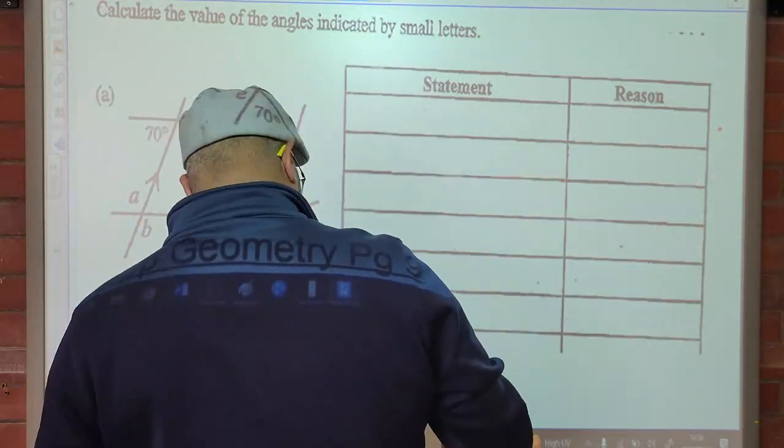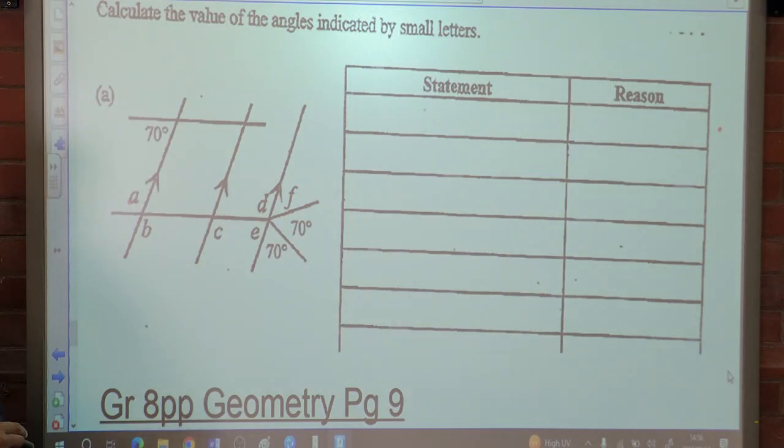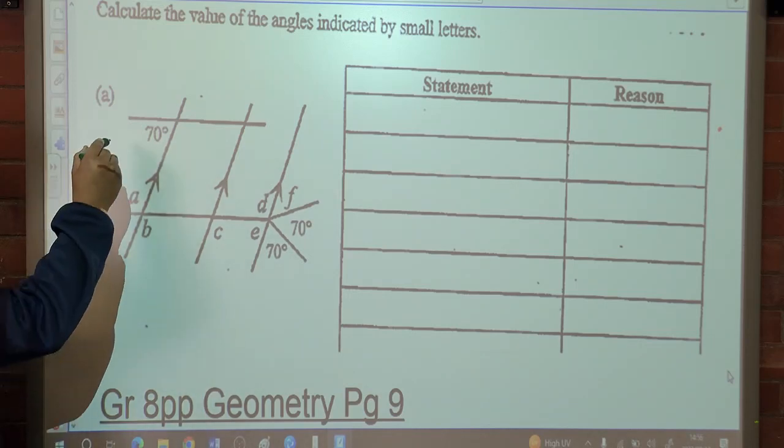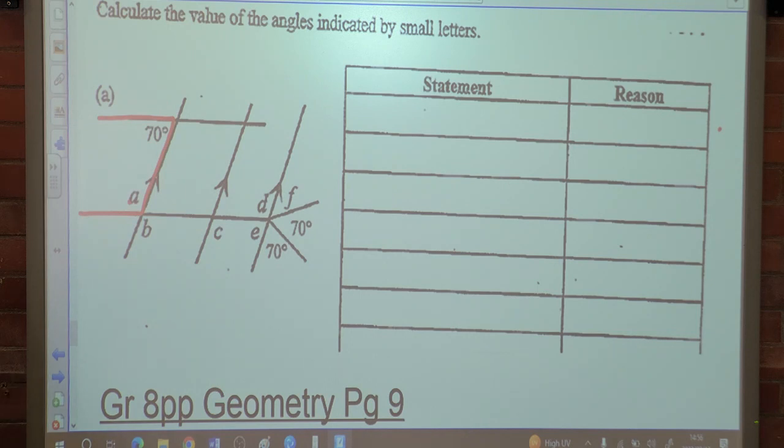So let's go again. How can you calculate A? Anybody? Yes, Michael? Co-interior angles. Can you see the U there? Yes?